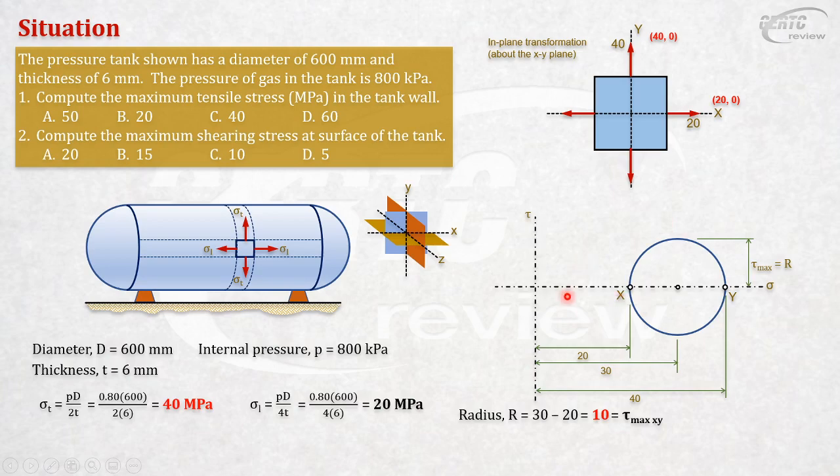You can also plot that in the same tau-sigma plane here. Your sigma Z is zero. There is no stress pulling this wall normal to the wall. There is stress in X and Y only, but no stress perpendicular to that.